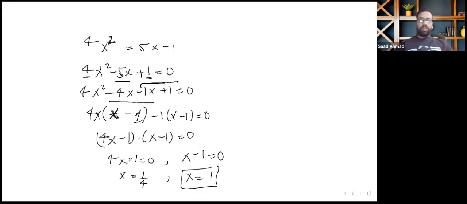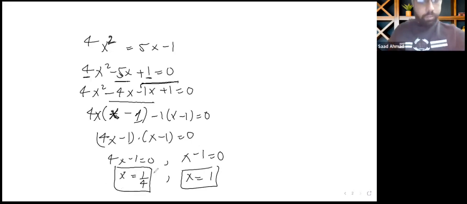So these are our two solutions for that question. Okay, so there are many other things, but we have to cover 2 more topics, so we'll just move on.